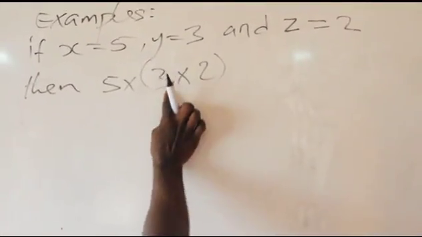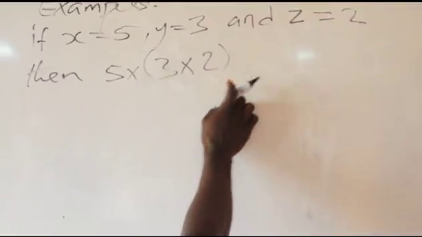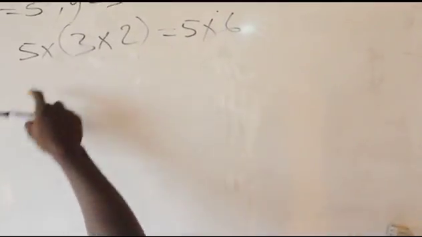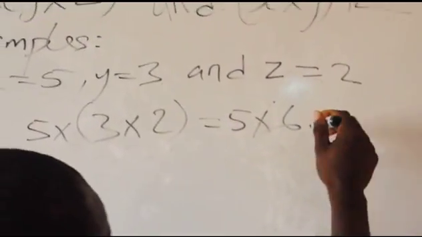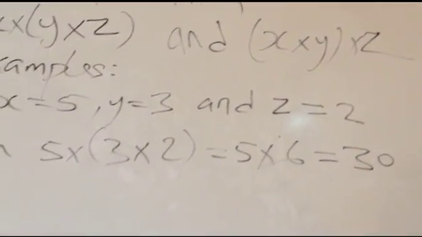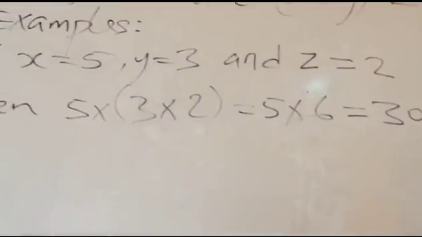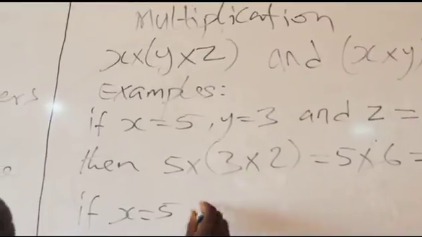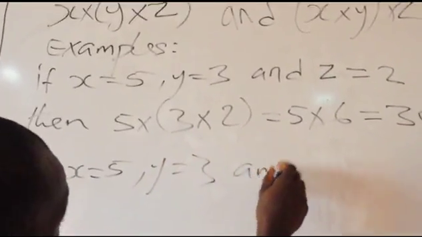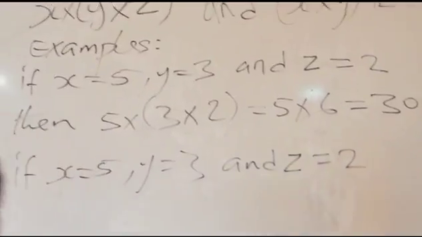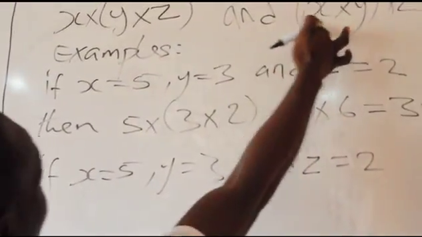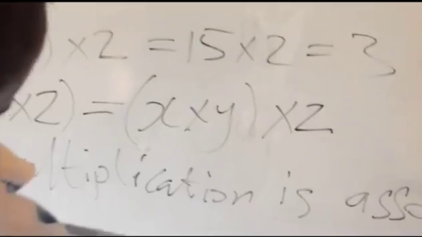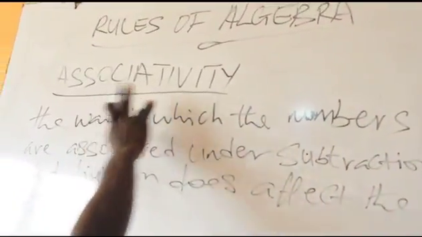So 3 times 2 is 6. That will be 5 times 6. So 5 times 6 is equal to 30. So let's look at this side. If x is equal to 5, y is equal to 3, and z is equal to 2, so x times y is equal to 5 times 3.